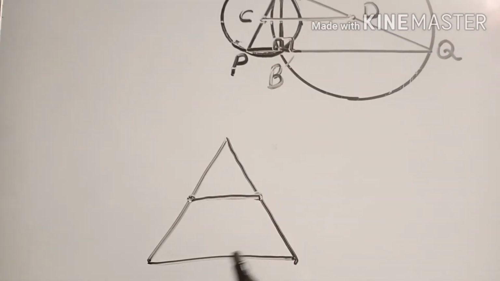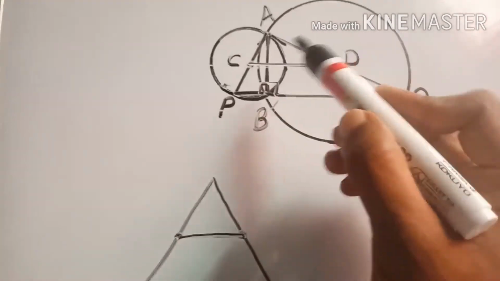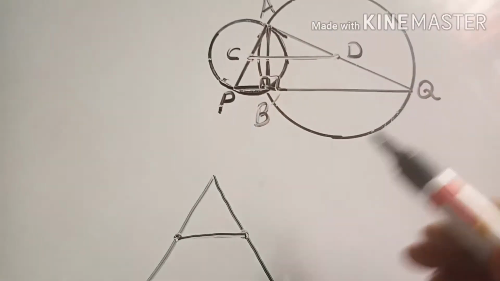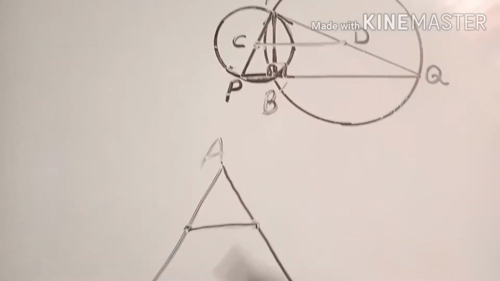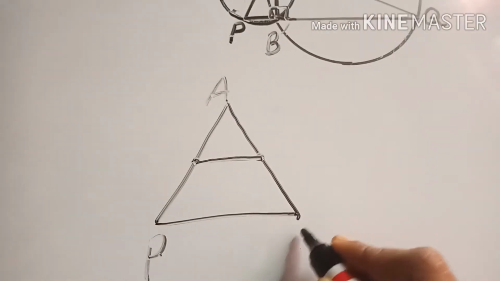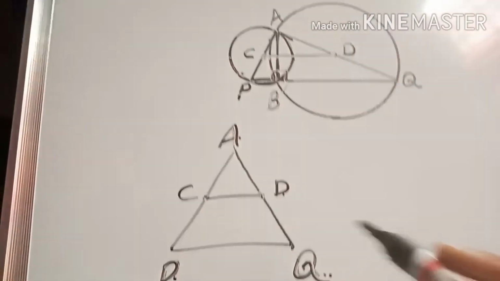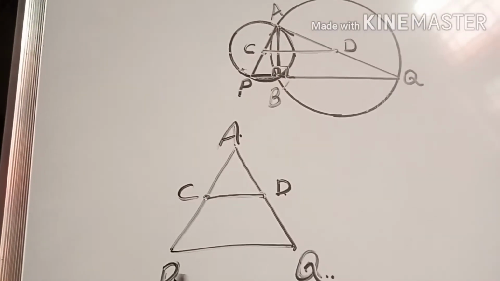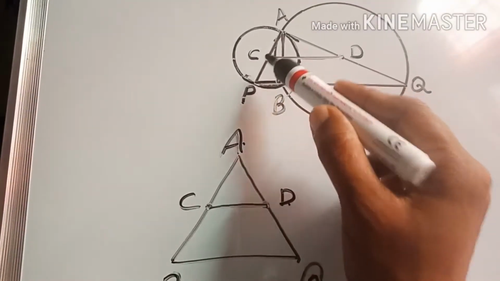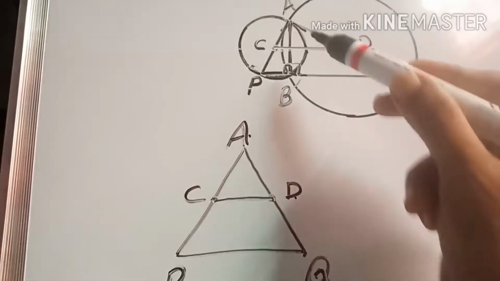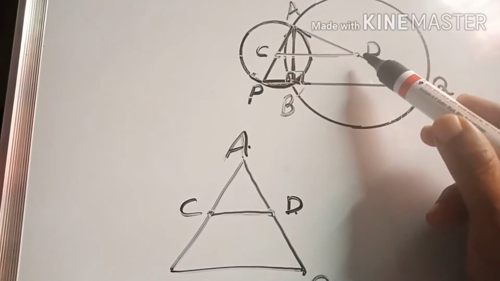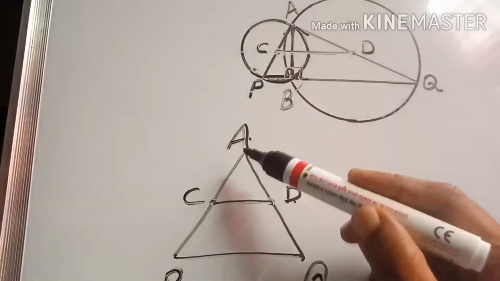According to this concept, here we can consider triangle APQ. So this is A, this is P, this is Q. The same thing we can consider here. So here PQ is a line, C is the center, that means C is the midpoint of AP. D is the center, means D is the midpoint of AQ.